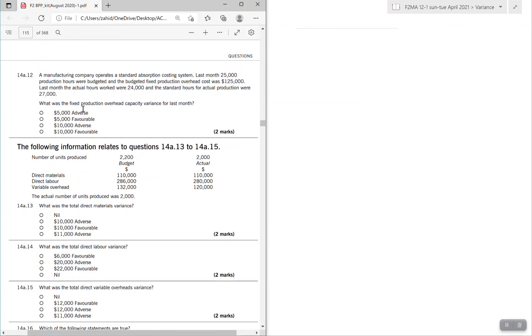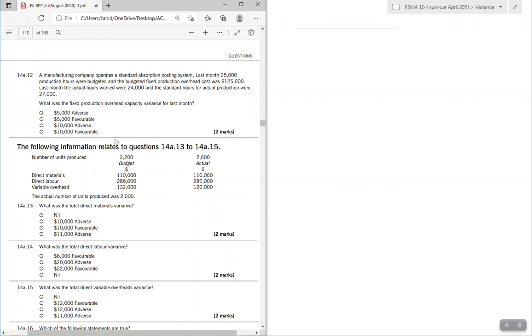What was the fixed production overhead capacity variance? Let's see. A manufacturing company operates a standard absorption costing system. Last month, 25,000 production hours were budgeted, and budgeted fixed production overhead cost was 125,000. Last month, the actual hours worked were 24,000, and the standard hours for actual production were 27,000.